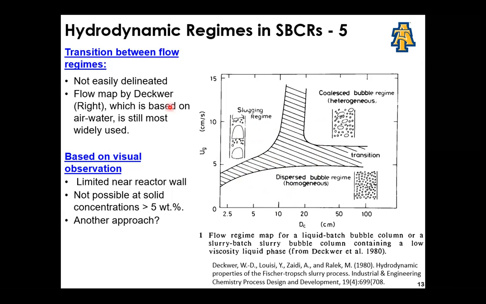There have been some problems with this map because it's not easily delineated, and it is just based on an air-water system. If you have a different system, this map is not a good representative of the transition between flow regimes. One other thing to note is we're only limited to the near wall. We can't see through the column. So there's need for a different approach.